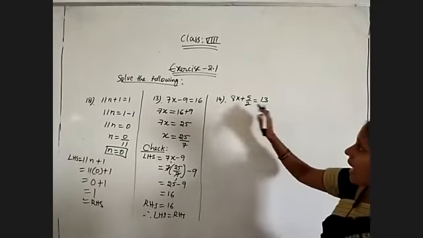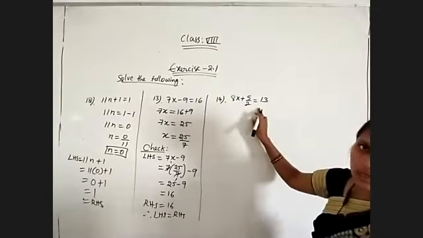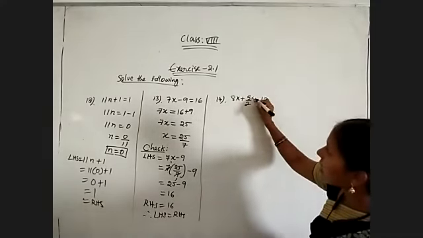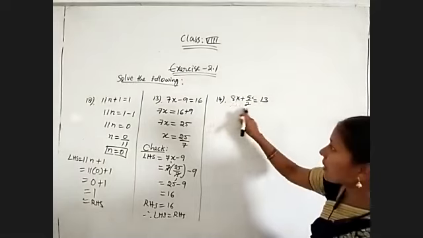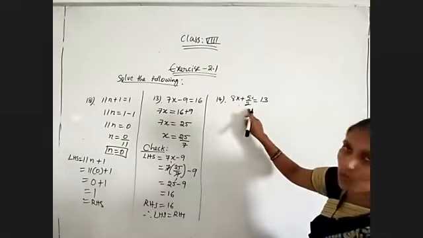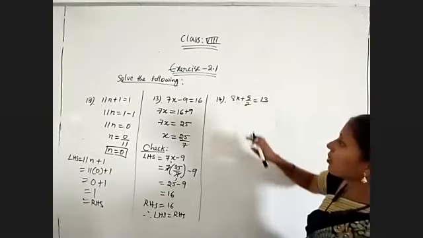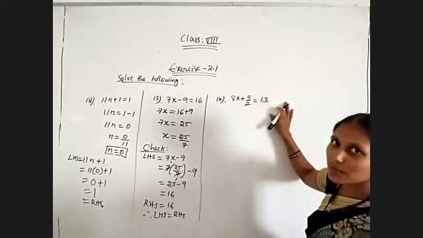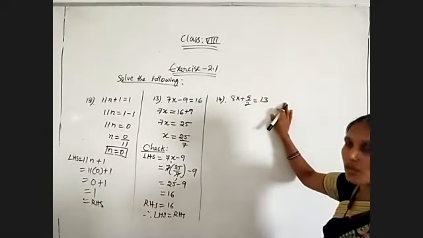If you have variables on two sides, in that case, first for these two terms go for LCM, cross multiplication. But now we don't have an x on the other side, only a constant term. Now bring this term to this side first and simplify. Then you will easily get the solution.